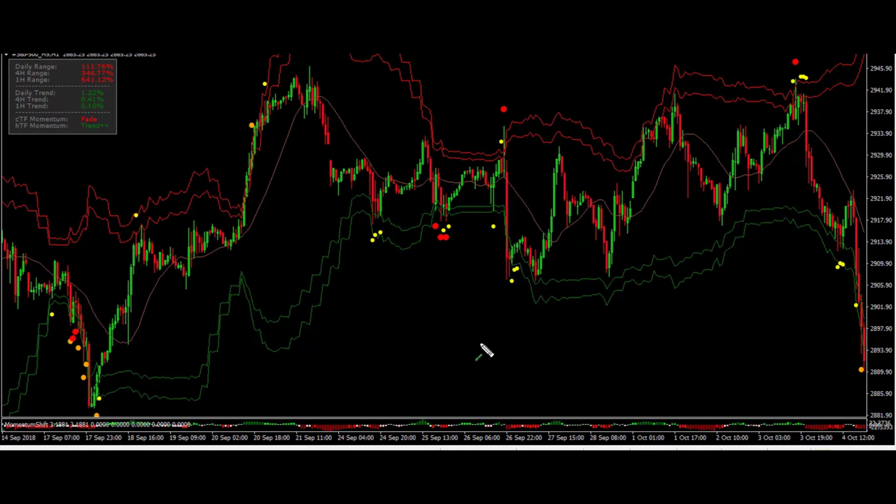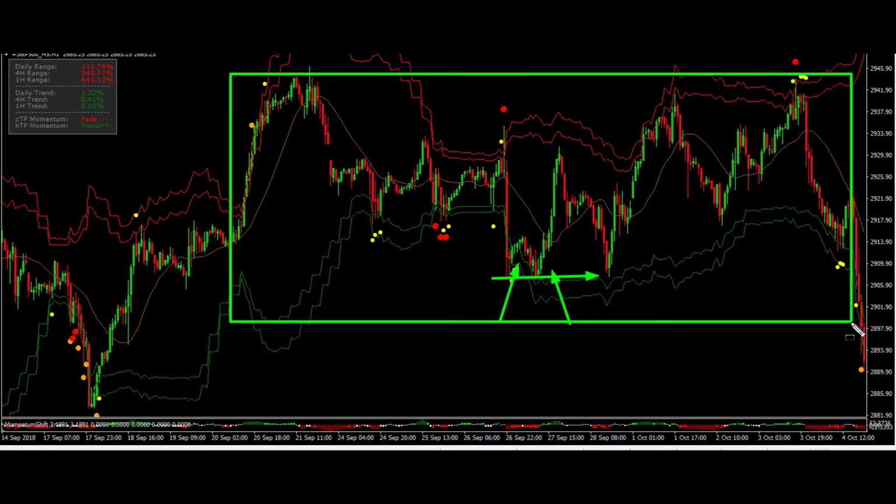You'll see that the market made an initial bounce, tried to come back to this band again, found decent support off of it, and then rebounded yet again. This is going to be an indication for you that the market's still within this larger frame of consolidation, and it's just generally volatile.